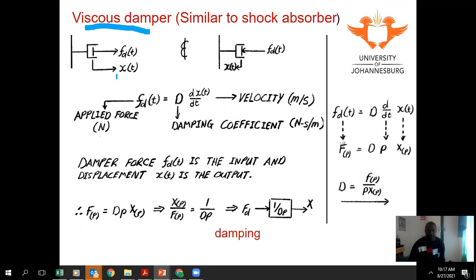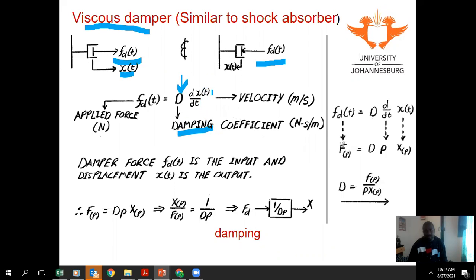You can have a repulsion force, F_D for damper, displacing x of t, and we can have a contracting force which opposes or tends to reduce the displacement. Remember, there is a velocity which is already occurring. So that force acts on a velocity, with the resistivity being the damping coefficient.